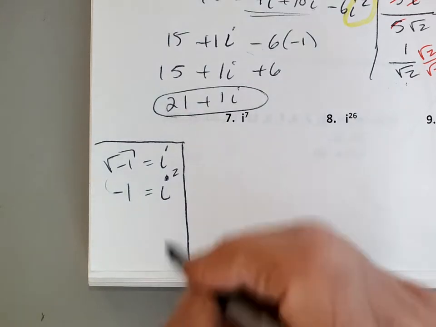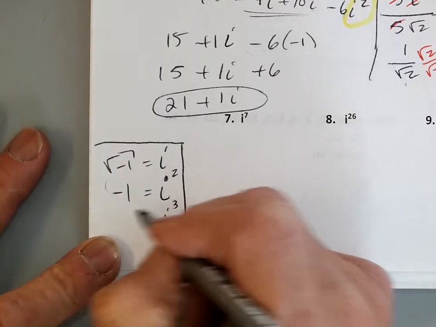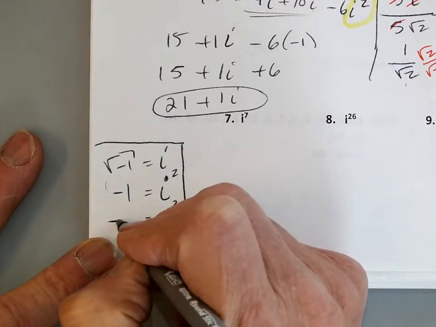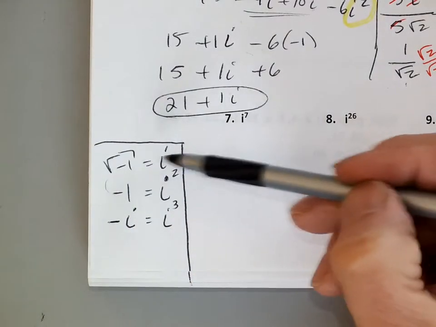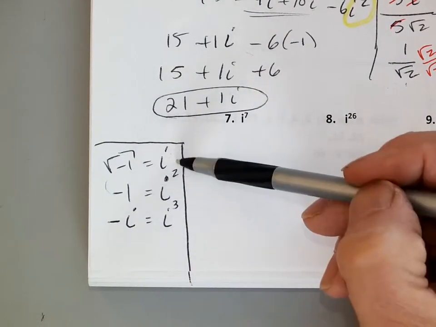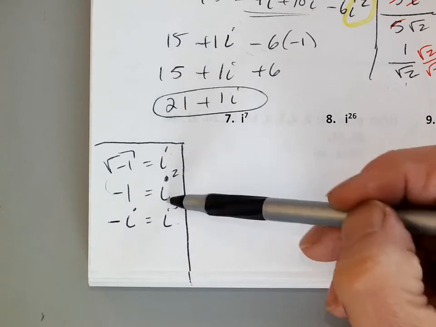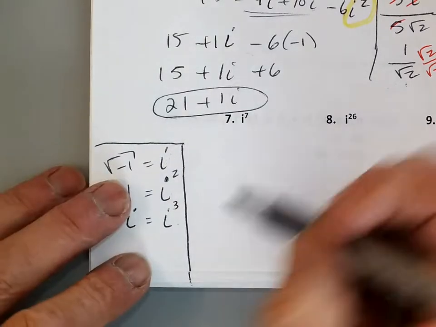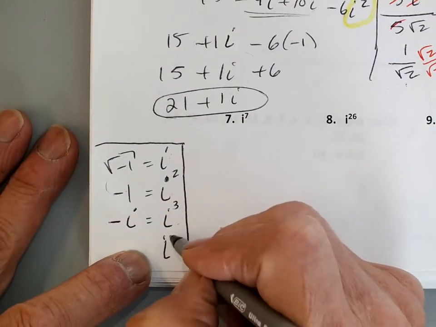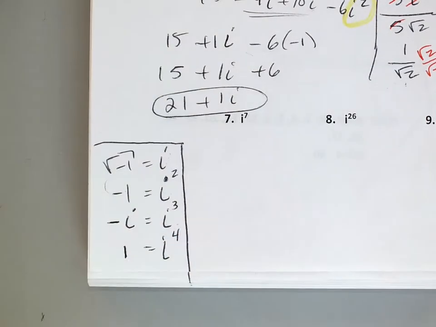So then that means that i to the third should be a negative 1i, because it's just this times this, right? i to the third has got to be negative i because these two multiply together, which makes a negative 1i, okay? But then i to the fourth is a positive 1.